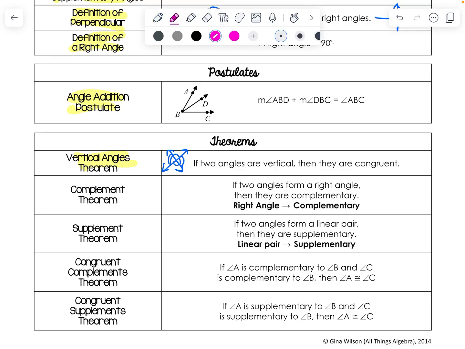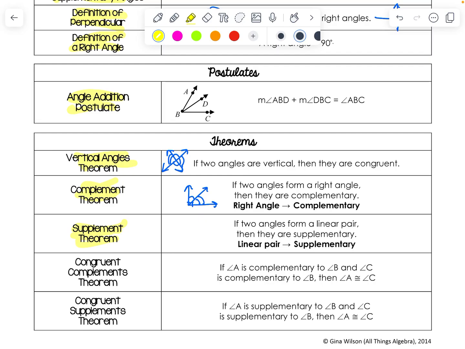Complement theorem here: if two angles form a right angle, then they are complementary. That seems to make sense, and that's this situation here. If I have this angle plus this angle, it'll be equal to that 90 degrees. And then the supplement theorem: if two angles form a linear pair, then they are supplementary.